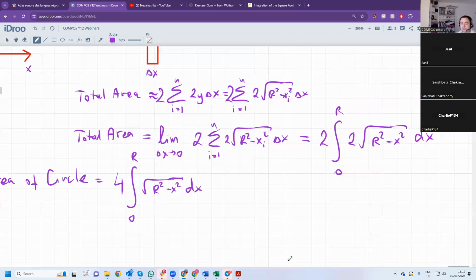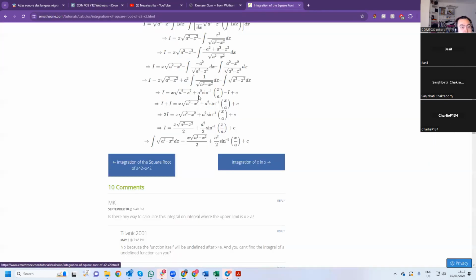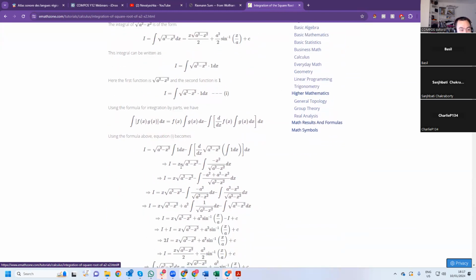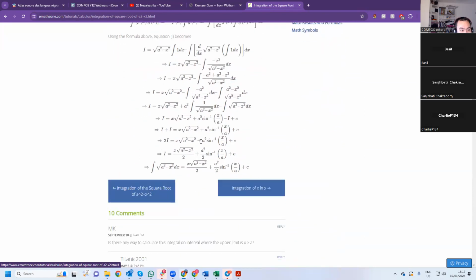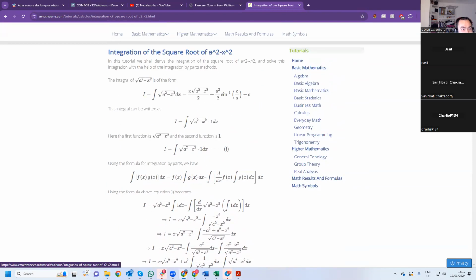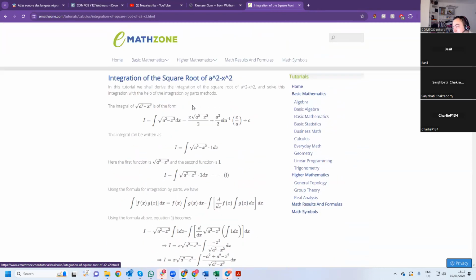Now this integral is done by substitution, and the substitution is quite unusual. It's done differently, but it's okay to look up difficult integrals.